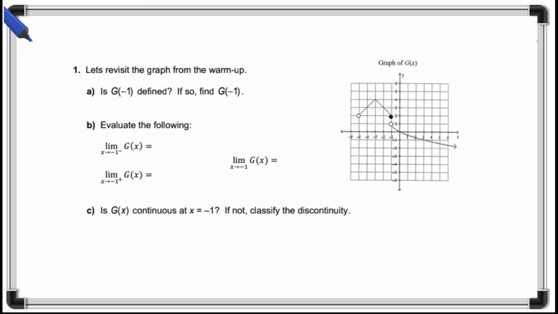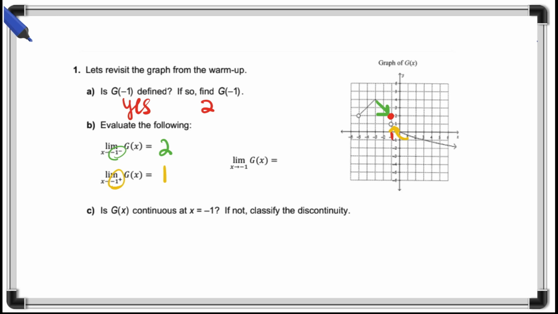All right, so now we're going to see, is g of -1 defined? Here's -1. Is it defined? Yes, it is. Why? Because you have a value at 2. Now we're going to evaluate the limit. X approaches -1 from the left, that's at 2. The limit as x approaches -1 from the right, that is at 1.